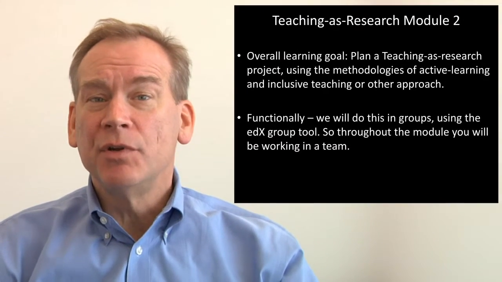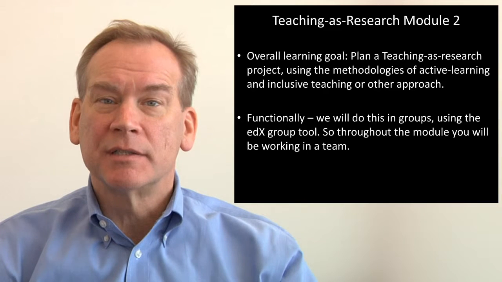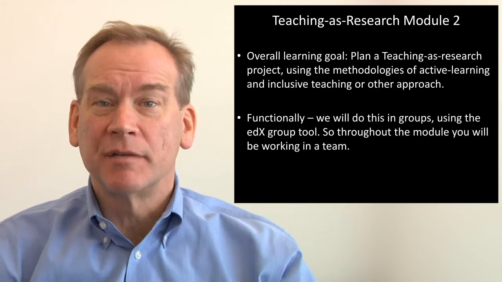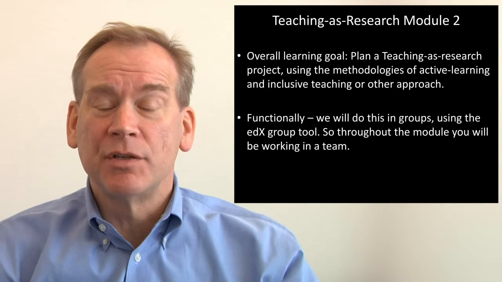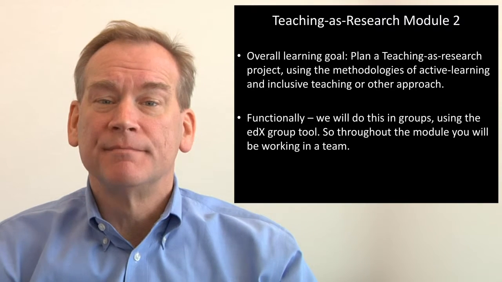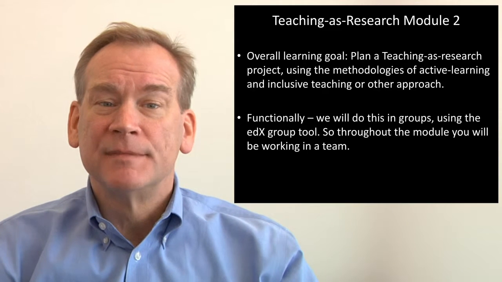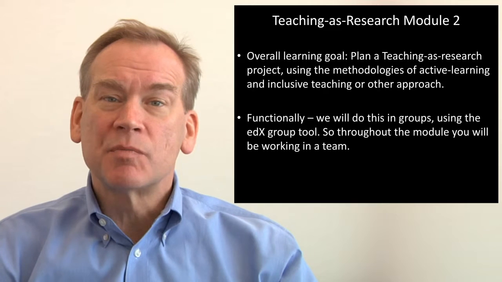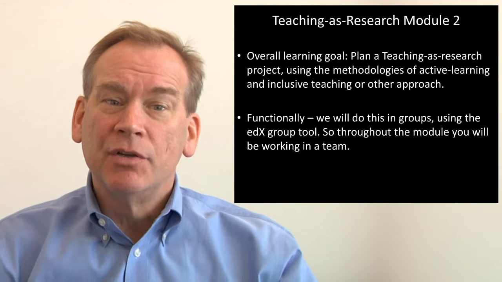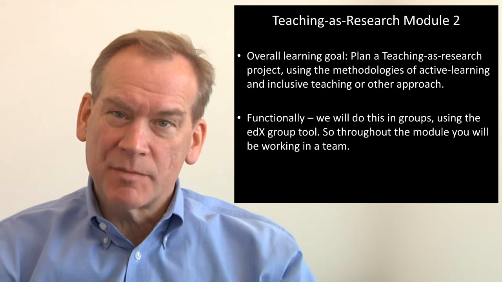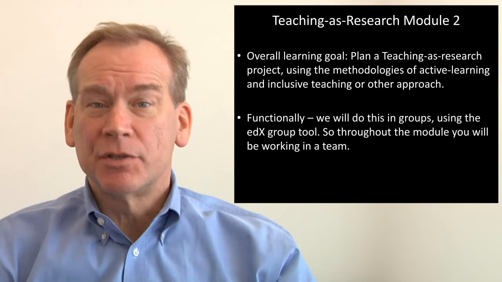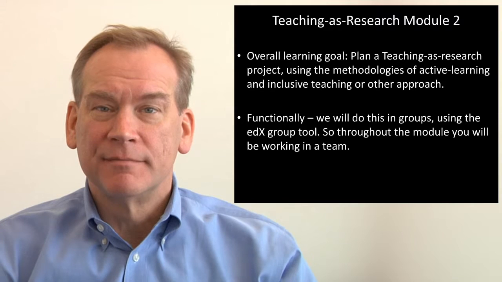The overall learning goal of this final module is for you to plan a teaching as research project, use these methodologies of active learning and inclusive teaching if you want, or other ones that you have some experience with. It's really up to you. You will develop a research or teaching question, you'll explore different kinds of objectives, you'll consider different assessments of those objectives, you'll look into different ways of implementing the change that you seek to achieve.